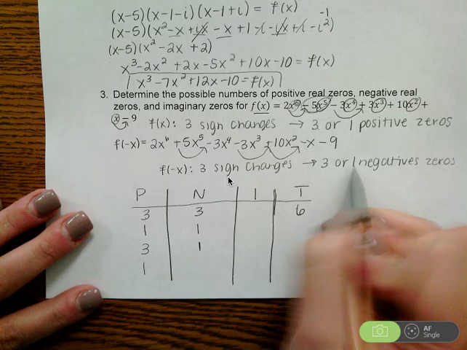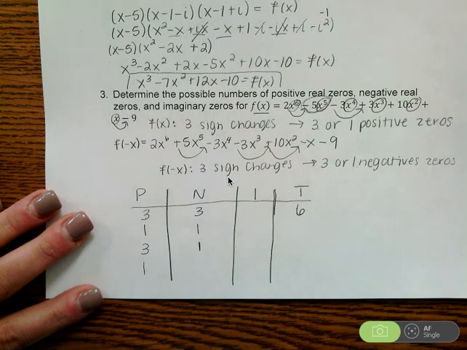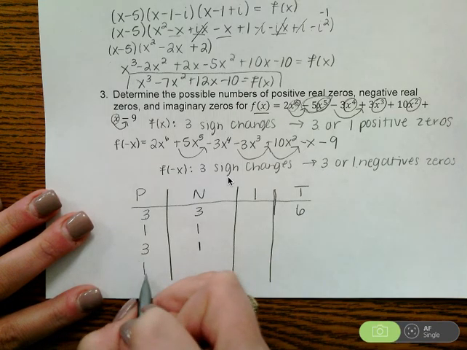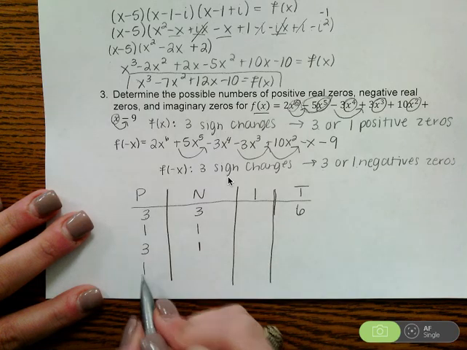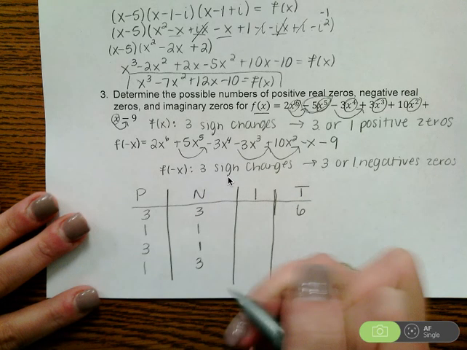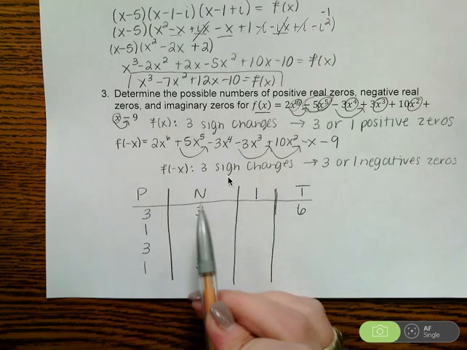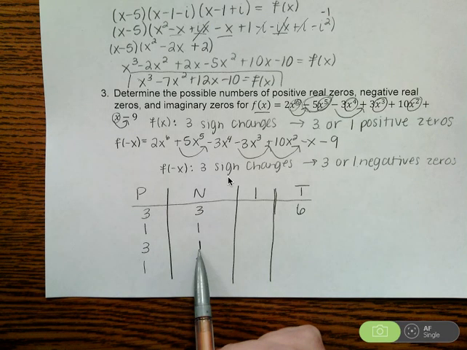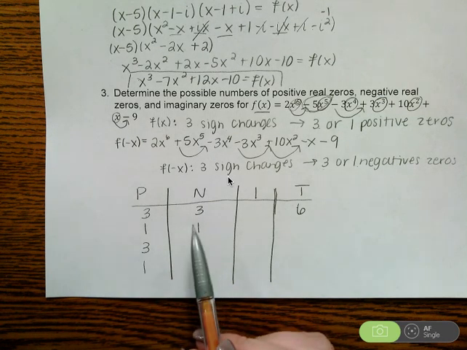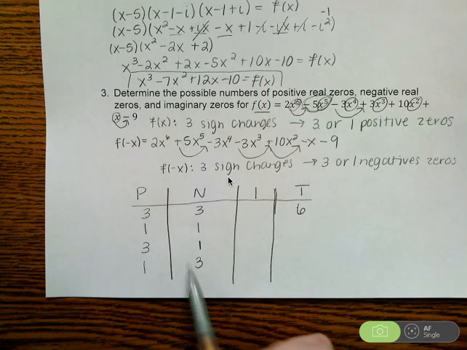Because you could have 3 or 1 negative zeros, and you don't know how they pair together. Or you could have 1 positive and 3 negative. That can happen as well. So just keep that in mind. So you can have 3 and 3, you can have 3 and 1, you can have 1 and 1, or you can have 1 and 3.